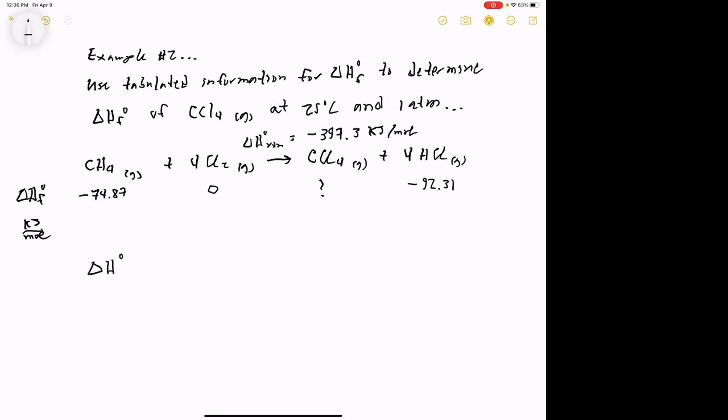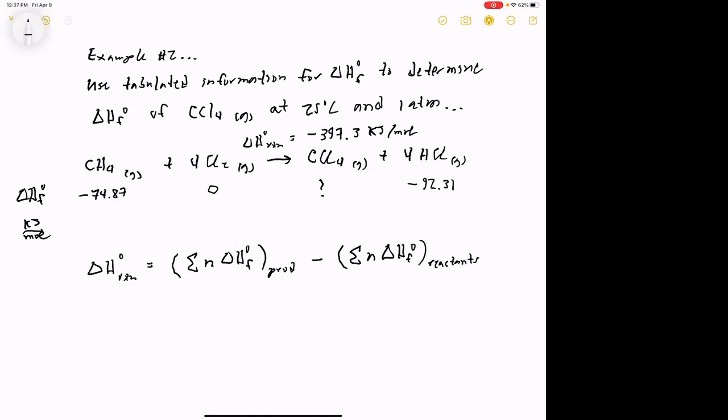I can say that the delta H standard state for any reaction is equal to the sum, remember that's the summation sign from last time, of n times the delta H of formations, which are given there, of all the products, minus the sum of n times the delta H of formation standard state of the reactants. In other words, everything to the left-hand side of the arrow.